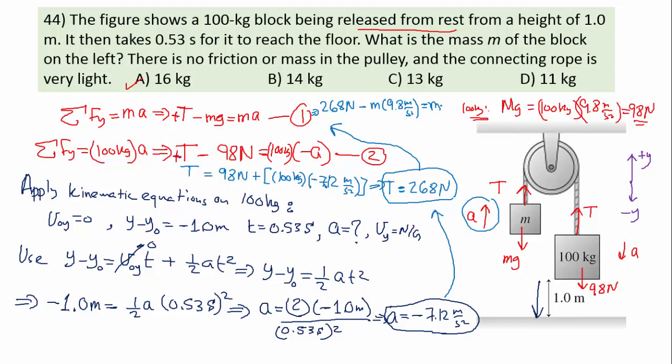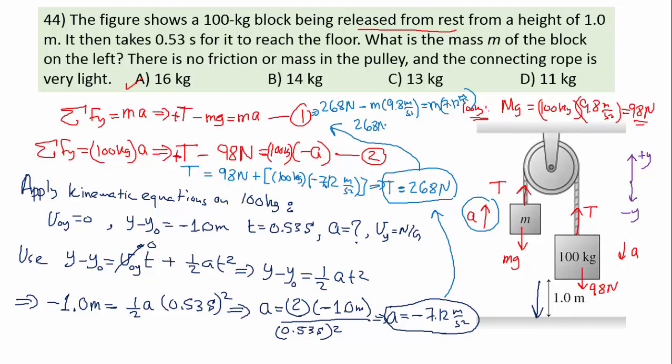So it's the mass times 7.12 meter per second squared. Okay, and we solve for the mass. If you move the mass to the other side, you'll have 9.8 plus 7.12, and this will give you 16.92 meter per second squared.